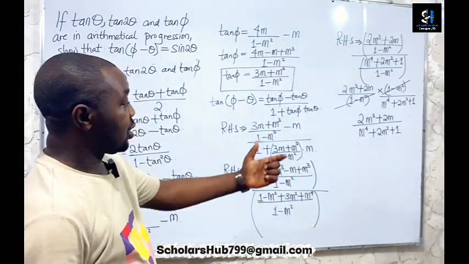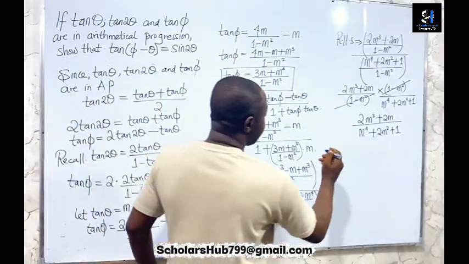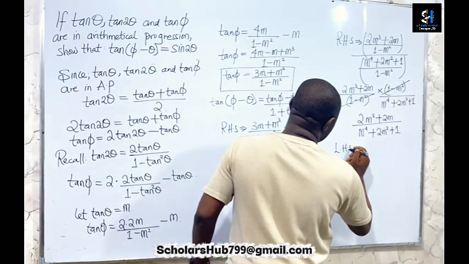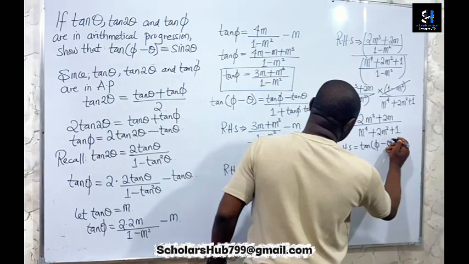Now let's not forget that this is the right hand side, and we know that the left hand side is tan of the difference between phi and theta.